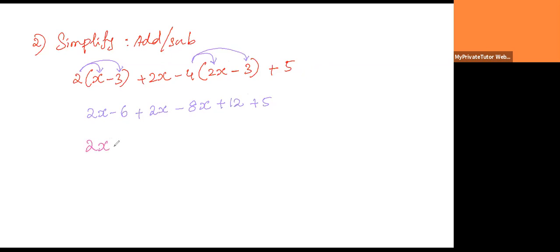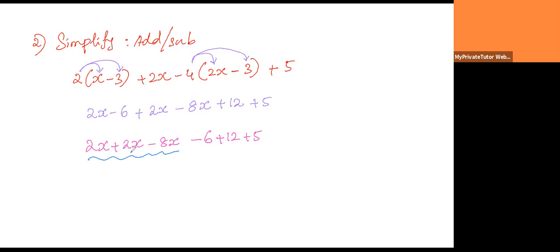So, 2x plus 2x, and we have a minus 8x. And then the constants, minus 6, plus 12, plus 5. Now combine like terms. Combine in a sense, it can be addition or subtraction based on the given question. 2x plus 2x is 4x.